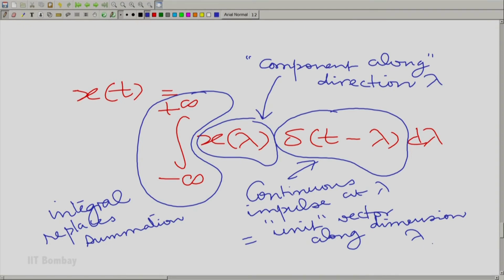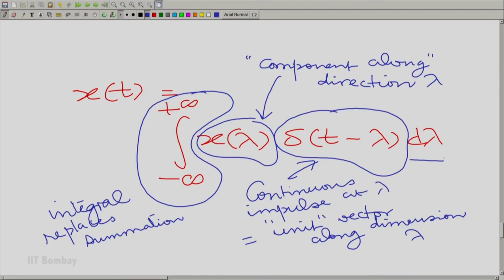So, what are we saying in this expression? We are saying that one can put together all these different continuum of dimensions indexed by lambda with the corresponding unit vectors, which are the unit impulses, but now in continuous time.